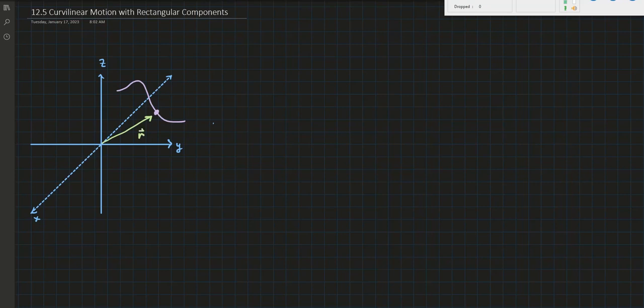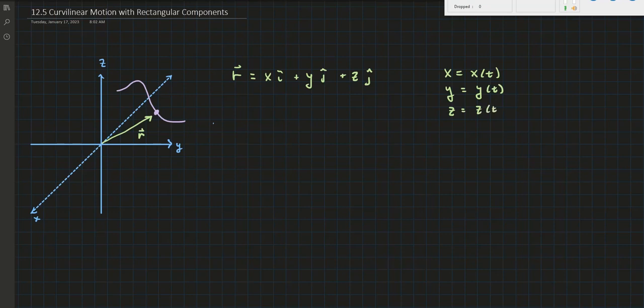Let's call it r, and r will have an x component, a y component, and a z component. And each of these components will be functions of time, more specifically, scalar functions of time.